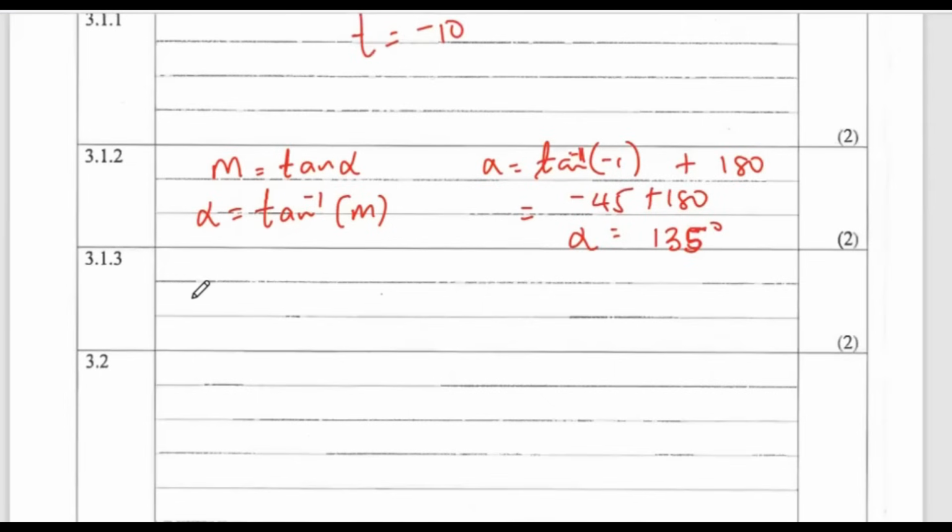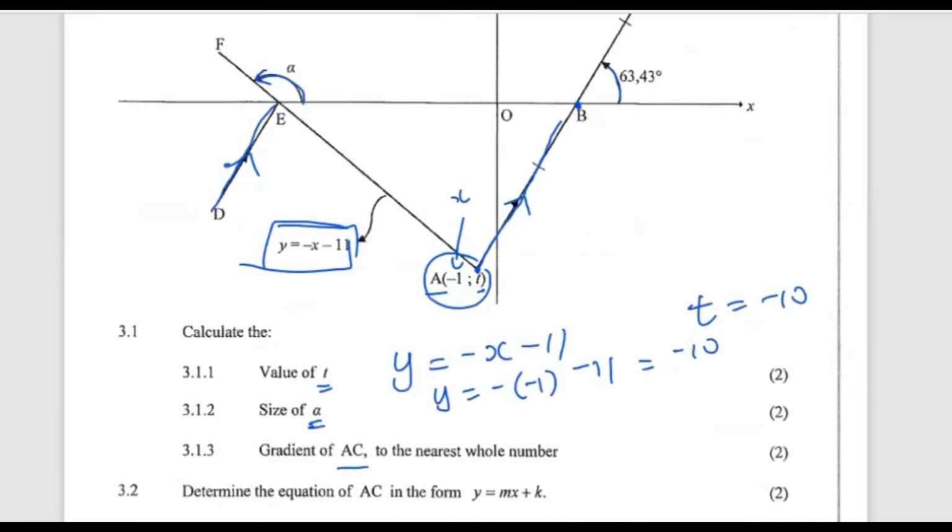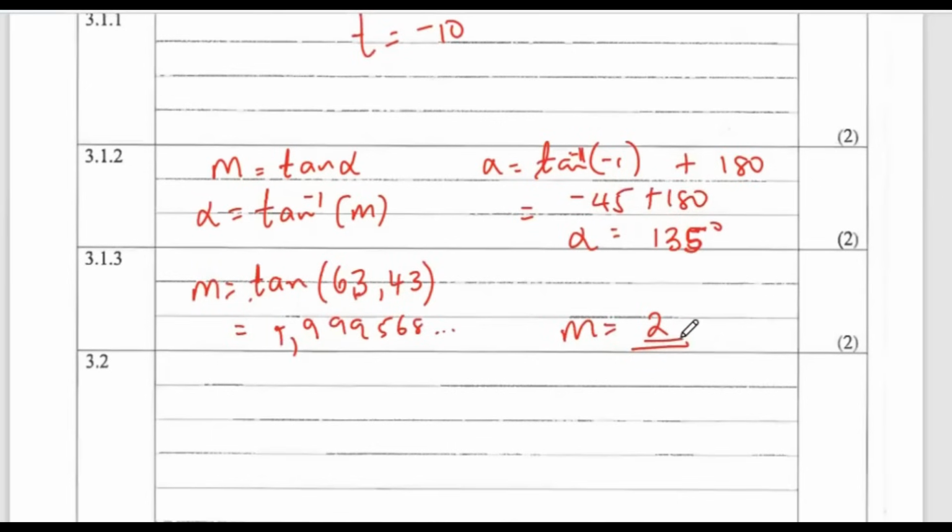So we're going to say that the gradient must be equal to the tan of the inclination, which is 63.43. When I use this, I'm getting 1.999568 and so on. But they told us we must round it off to the nearest integer. So that is a 2.